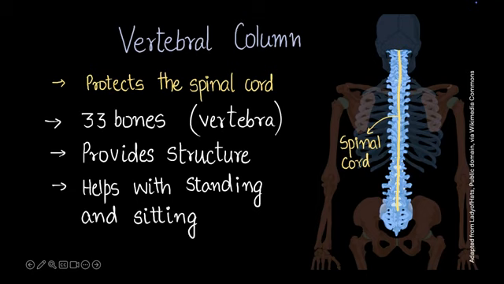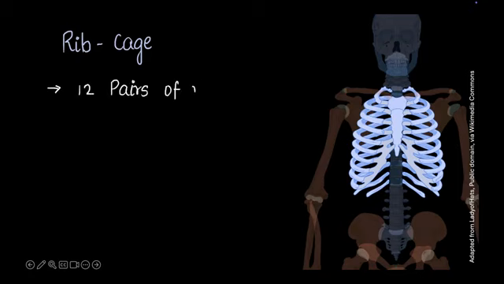Now let's move to the next set of bones that are classified under the axial skeleton, and that's the ribs. So the rib cage is what we discuss next. This is much easier to count. If you sat and decided to count the number of ribs, you'd find that there are 12 pairs of ribs. And so that's 24 bones.